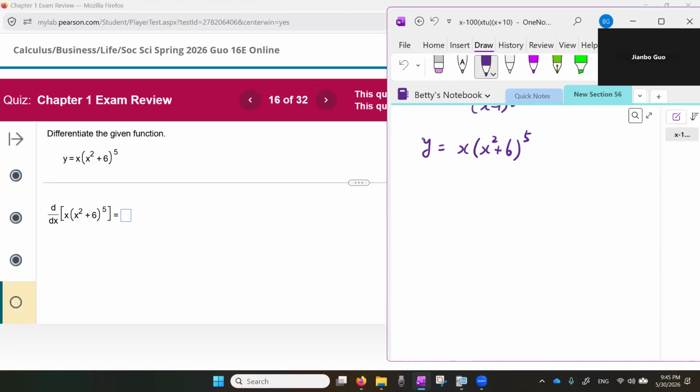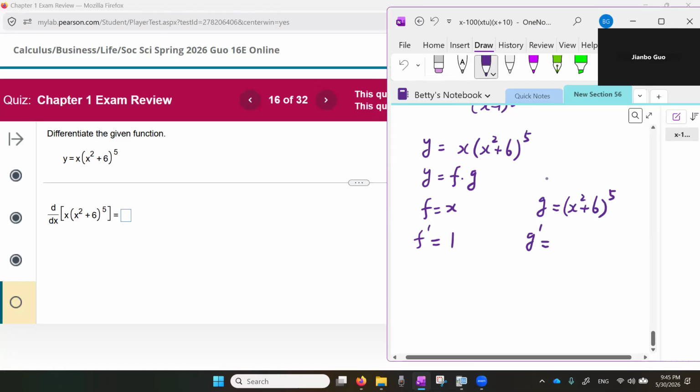Right? Here, f is x. G is x squared plus 6 to the power 5. Okay? What is f prime? F prime is 1. That's very simple. What about g prime? To find g prime, we need to use the chain rule. Did we learn the chain rule here?